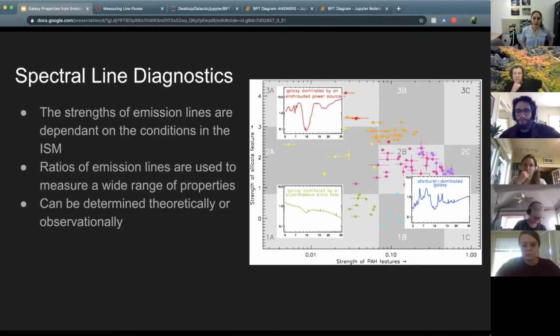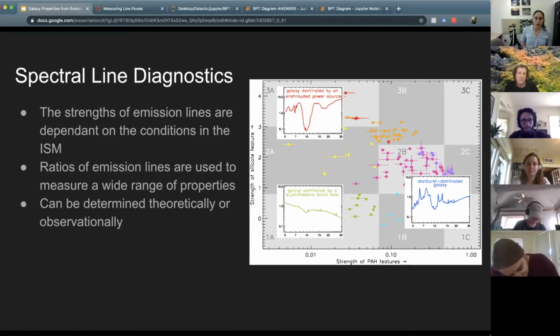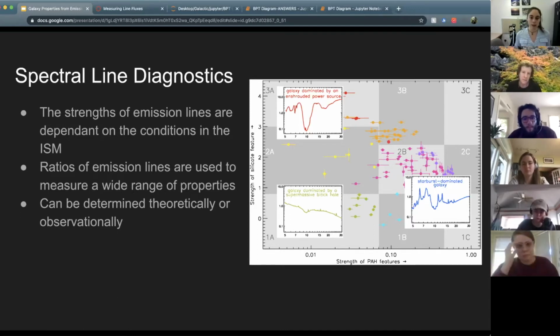So once we have some measurements of emission lines, we can determine different things about the conditions of the ISM in a galaxy. Depending on what you want to look into, you'll use different emission lines to get conditions like the density, the pressure, the temperature, what the source of ionizing radiation is.